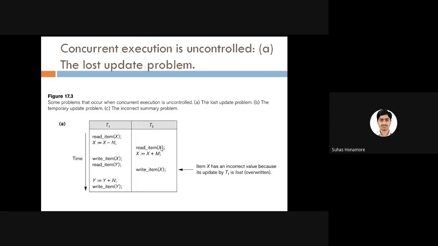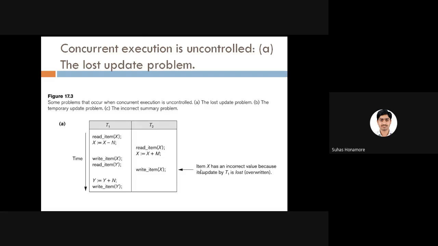Both will read, because nothing has been written to the database yet. So T2 will read 100, since initially it was 100. 100 plus 20 gives 120. T1 will write 90, and on top of that T2 will write 120. So in the end we get 120 instead of 110. That is a wrong result.